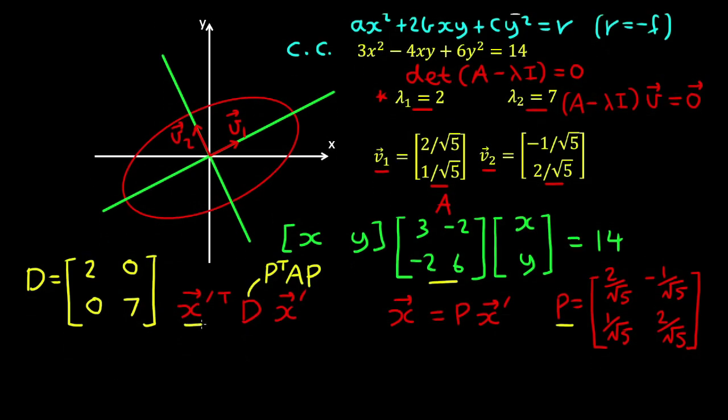So now if you evaluate this product, you'd get lambda 1 by x1 dash squared plus lambda 2 by x2 dash squared. And that's equal to r, which is 14 on the right hand side.